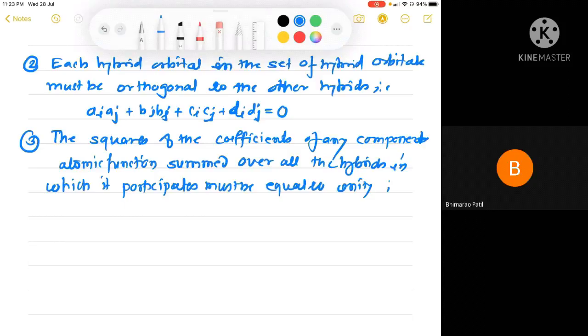That is, summation over i of ai raised to 2 is equal to 1.